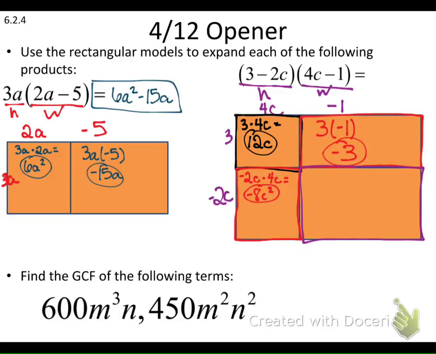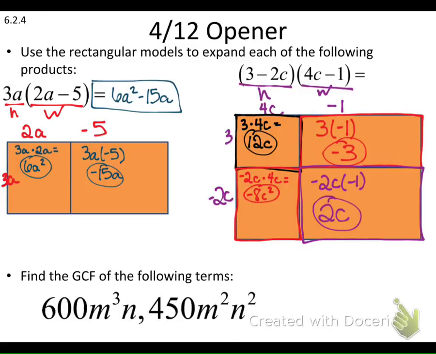And Brendan, for my purple rectangle, negative 2C times negative 1 equals positive 2C. Why is it positive 2C? Because the negatives cancel out, right? Good job.